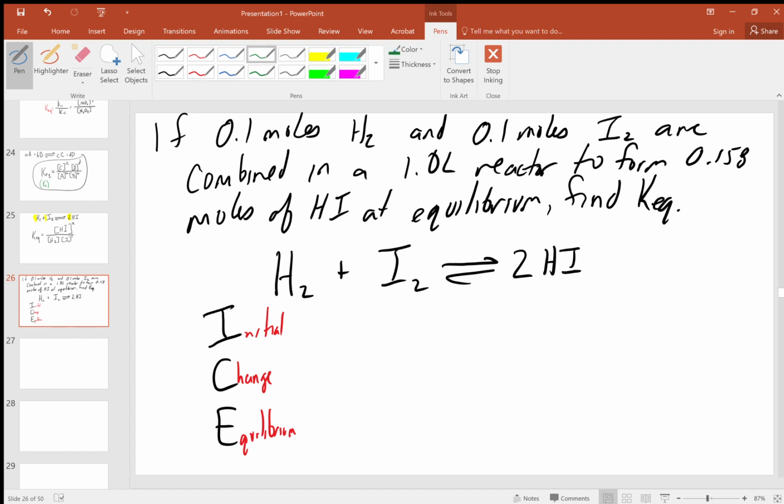Now remember, these are concentrations, not numbers of moles. But in this question, the difference doesn't really matter. Why doesn't it matter? Well, because we're in a 1 liter reactor. And so if you're calculating molarity based on 1 liter of volume, then moles and molarity are going to be equal to each other.